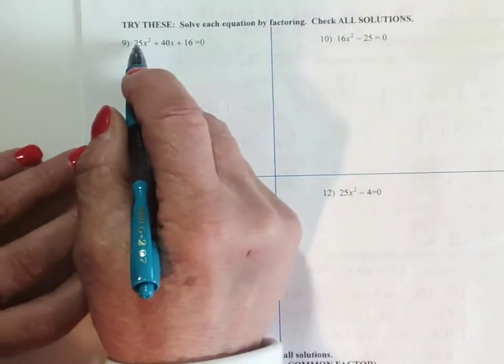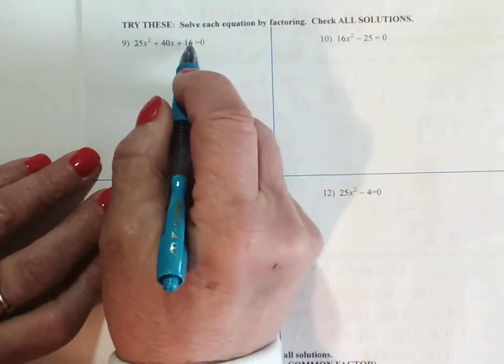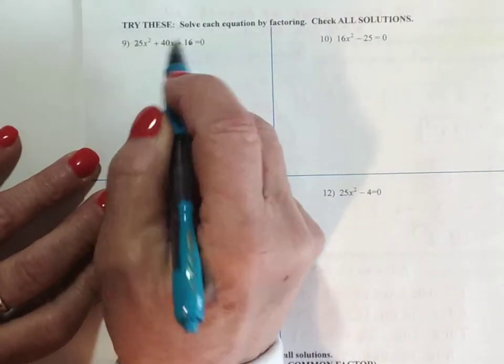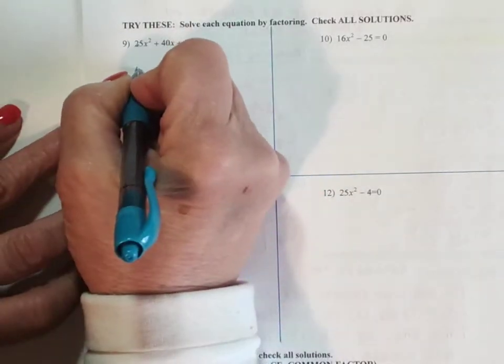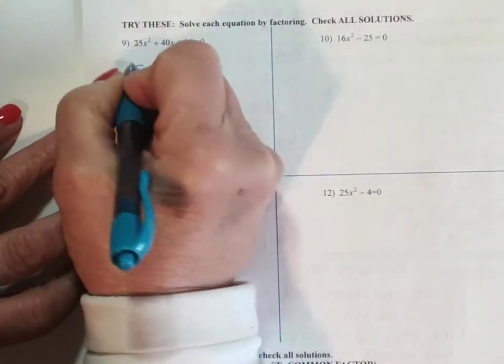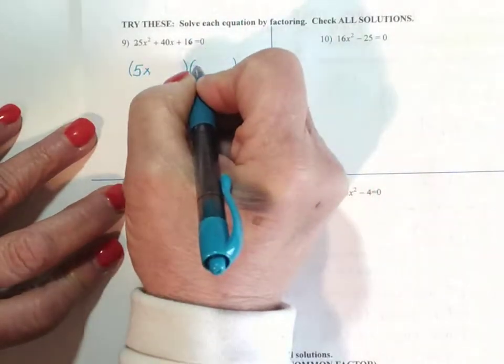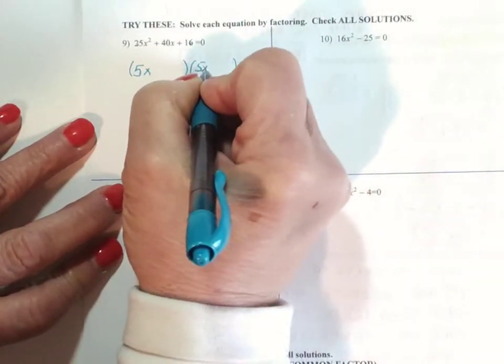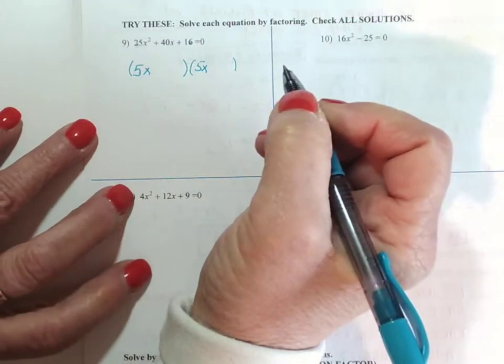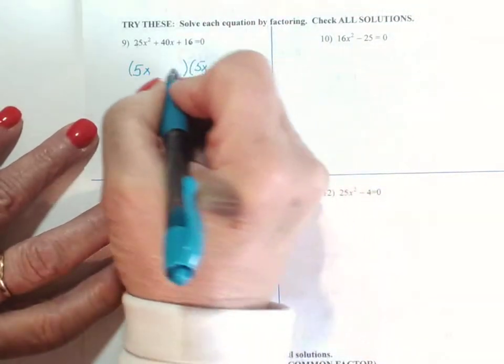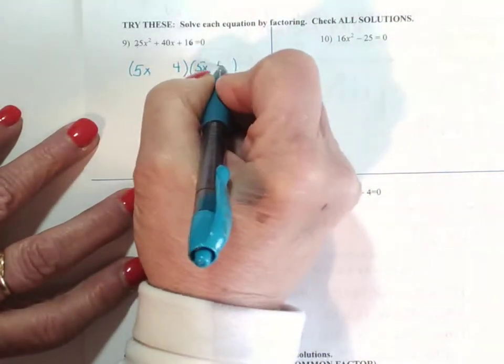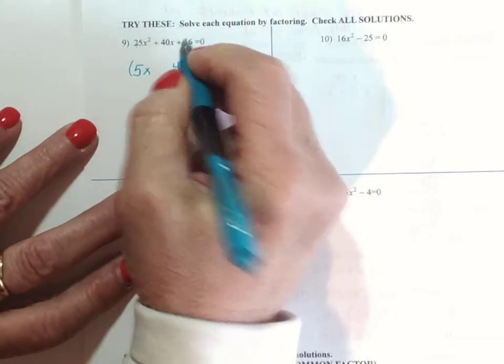All right, so I notice here that's a perfect square and that's a perfect square. So I'm going to try my luck. And I'm going to have 5x and 5x, which gives me 25x squared. And 4 and 4. 4 times 4 is 16.